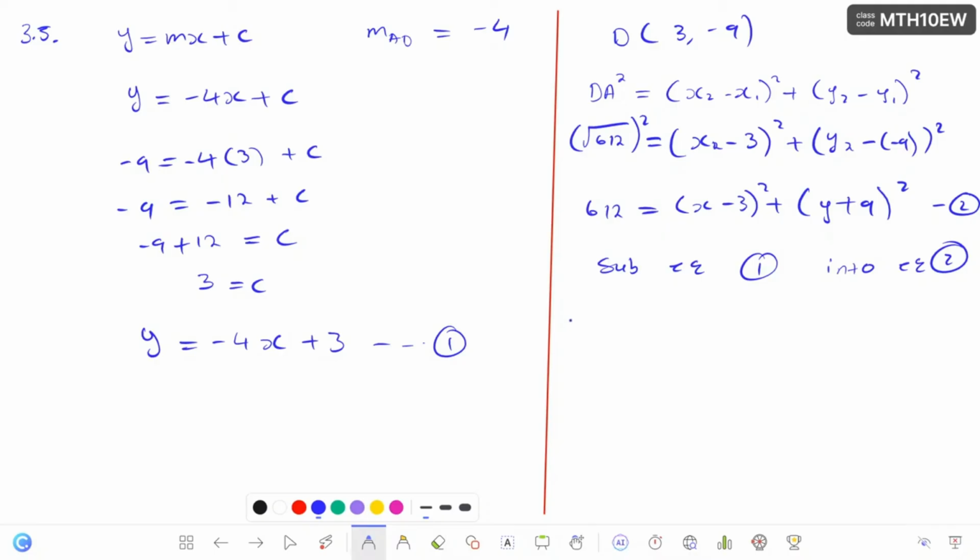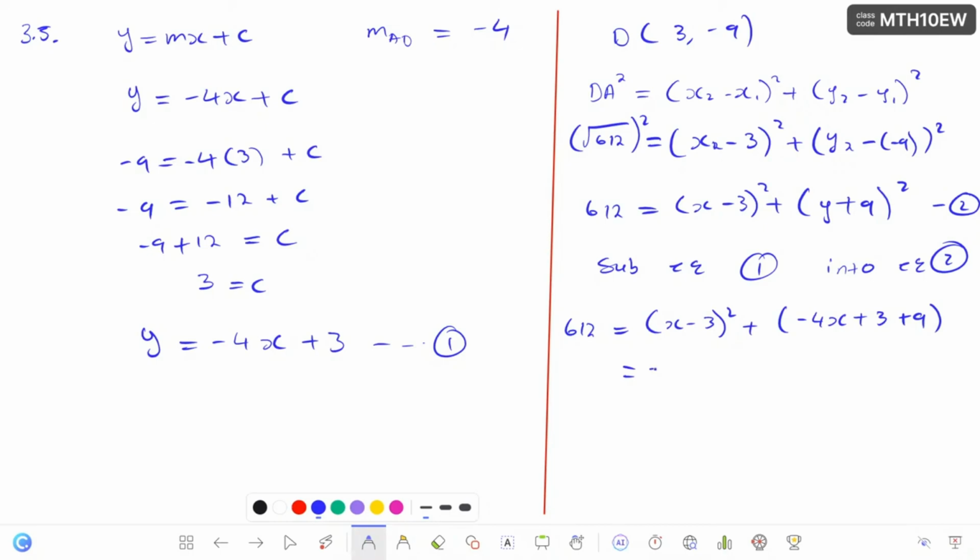So I'm going to substitute equation 1 into equation 2. So it's going to be 612 is equal to x minus 3 squared plus negative 4x plus 3 plus 9, squared.